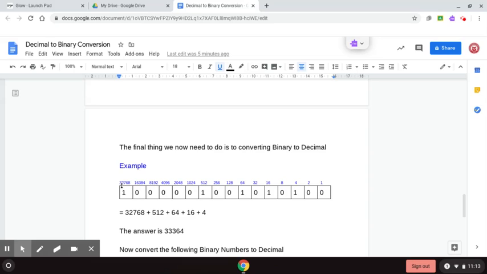So if you add up 32,768 plus 512 plus 64 plus 16 plus 4, the answer to that is 33,364.